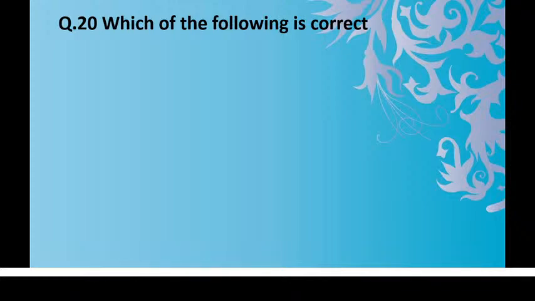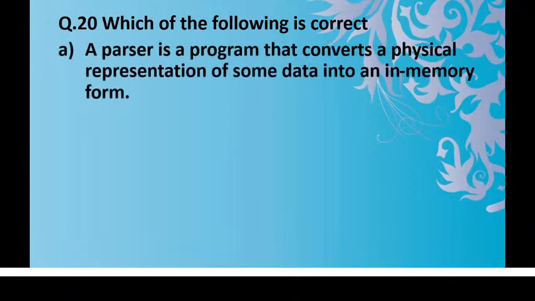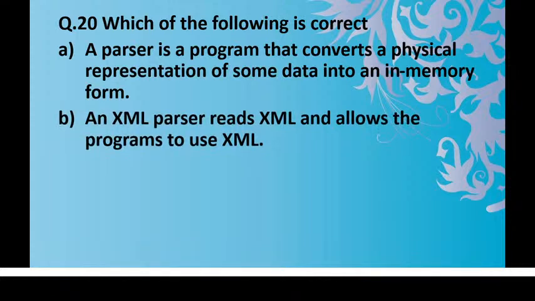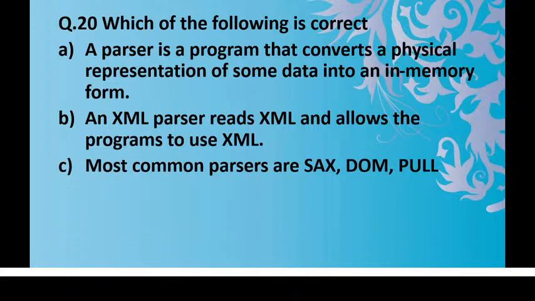Which of the following is correct? A, a parser is a program that converts a physical representation of some data into an in-memory form. B, an XML parser reads XML and allows the program to use XML. C, most common parsers are SAX, DOM, full.